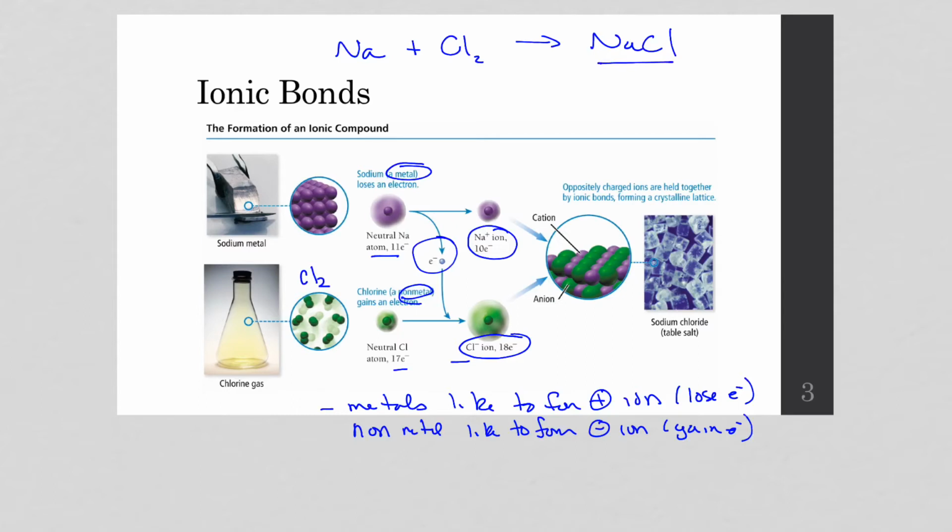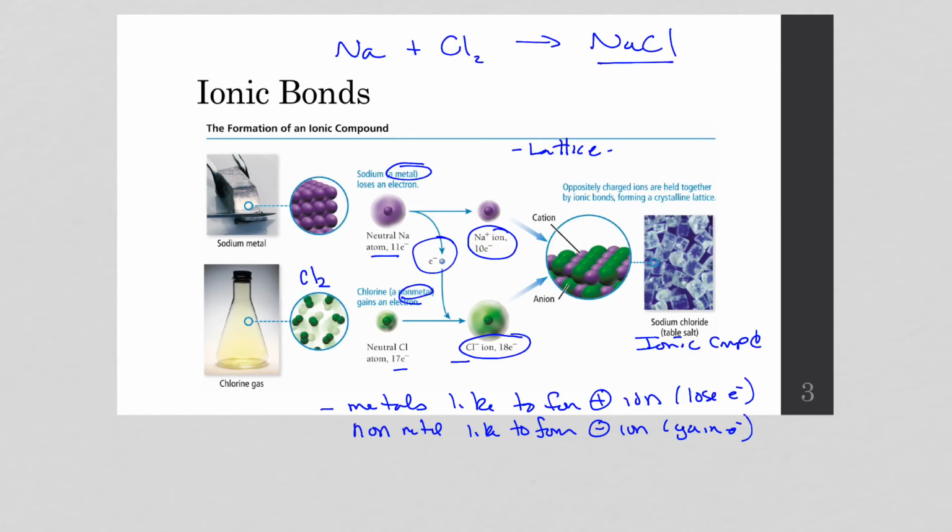One important thing to note about ionic compounds is that they exist in a lattice.